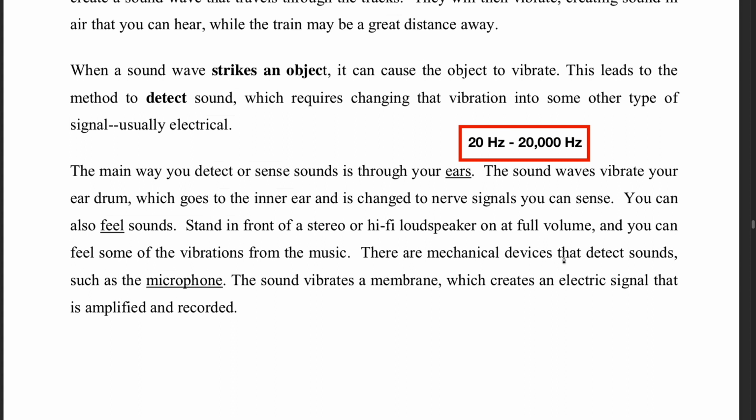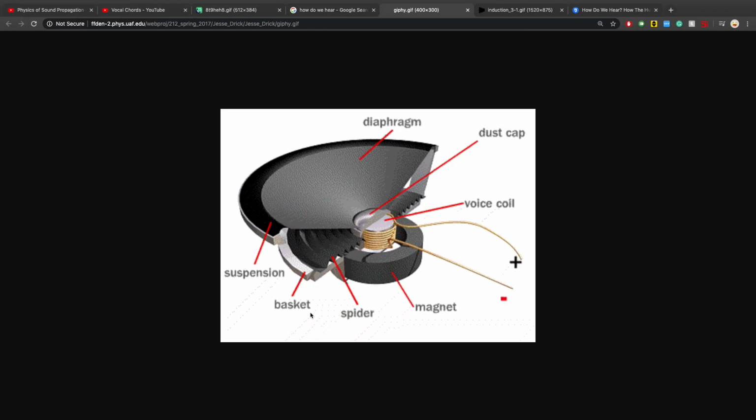There are mechanical devices that detect sounds, such as the microphone. The sound vibrates a membrane, which we said is a very thin layer, something that is extremely thin, which creates an electrical signal that is amplified and recorded. So originally, we talked about the speaker, and basically we said there is an electrical signal going to the speaker, and it is causing the speaker to vibrate up and down, moving the air, causing compressions and rarefactions in air.